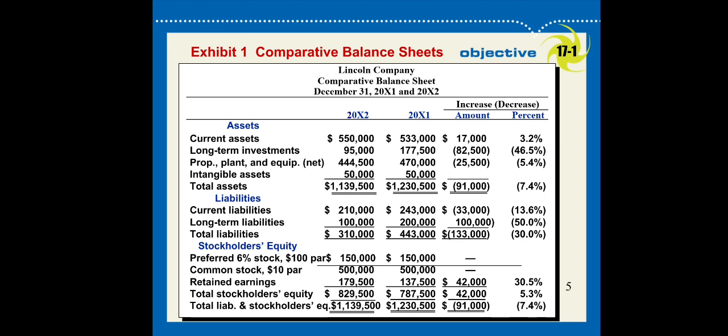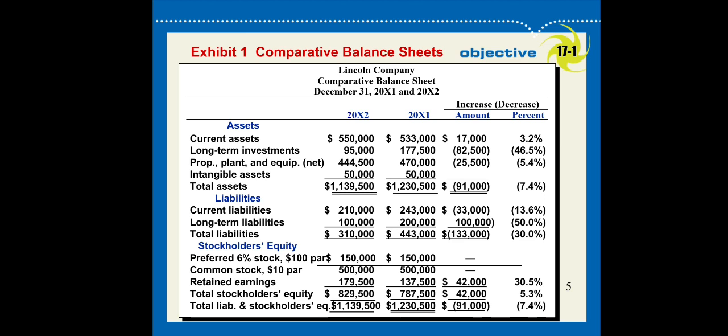So if you want to do horizontal analysis for a balance sheet, you have to have 2 years of data, current year data and previous year data. In this example, there is a business called Lincoln Company.